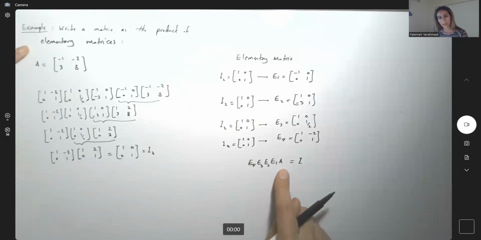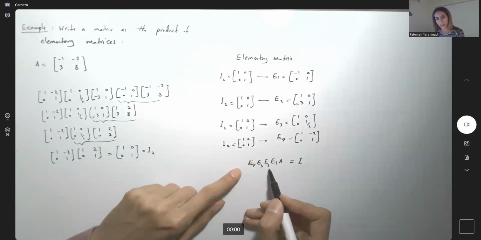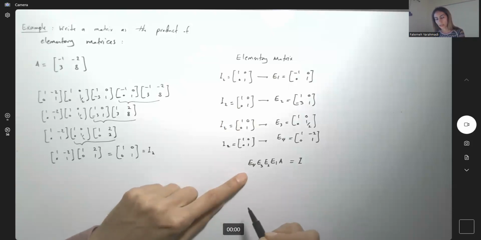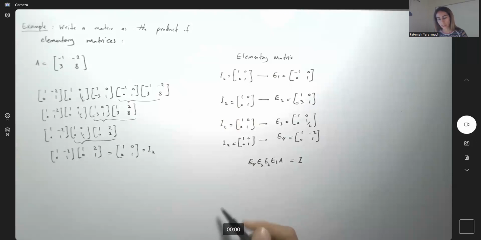Well, the question says, write A as the product of elementary matrices. I know that E4 times E3 times E2 times E1 times A is I. I'm going to start multiplying from left and get rid of each one of these elementary matrices.